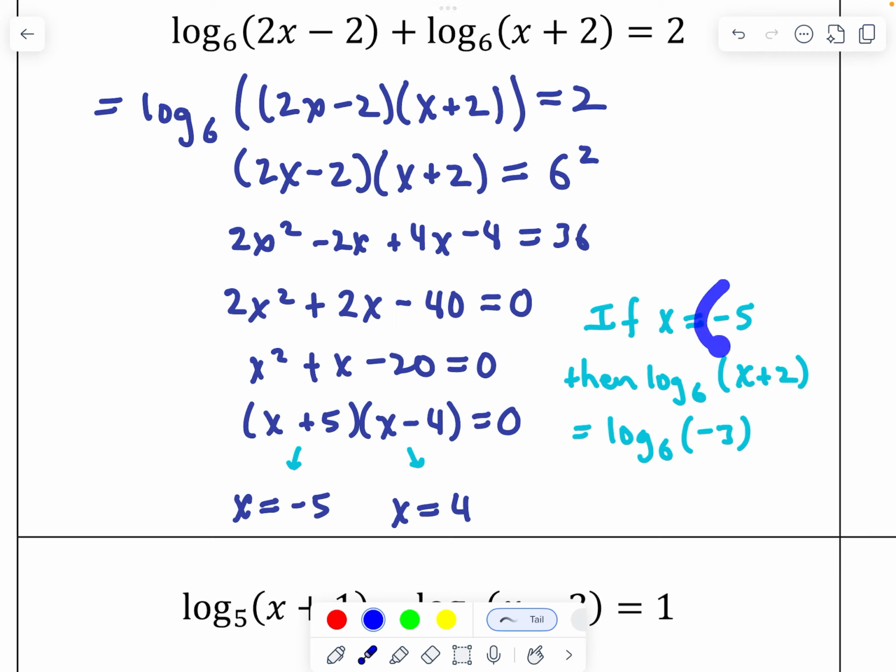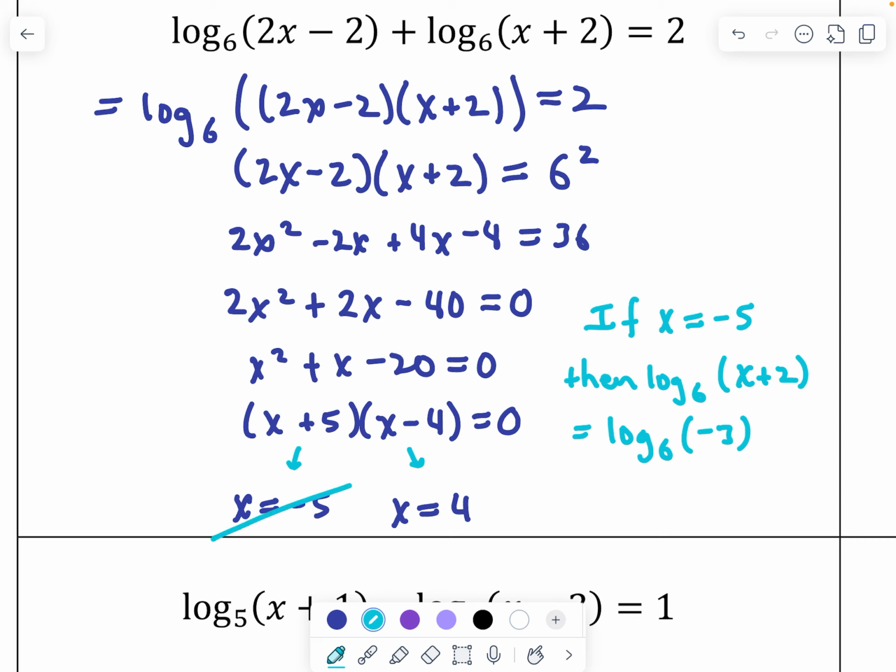Negative 5 plus 2 gives you that negative 3. And so again, it's not the negative 5 that's the issue as much as it is the negative 3. We can't have negatives inside logarithms, at least not in the realm of real numbers. You're starting to get to imaginary stuff there, and we're not doing that right now.